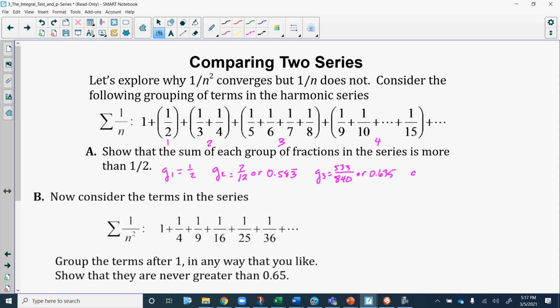And the fourth group that I have, the sums from 1/9 to 1/15, I'm not even bothering to put this one in a fraction. This one's going to be about 0.600. So yeah, the sums of the individual groups after the 1/2 are definitely more than 1/2.